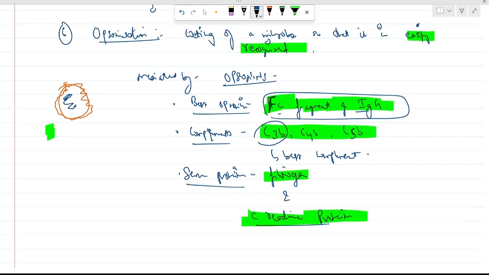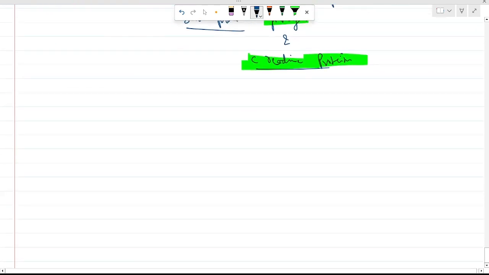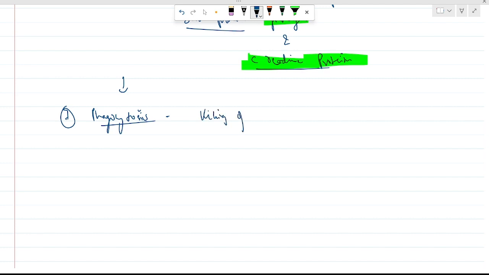We have reached our ultimate stage of cellular events. After O there is P. Finally there is P for phagocytosis. The ultimate purpose of the neutrophils, phagocytosis. What happens in phagocytosis? There is killing of the microbe.